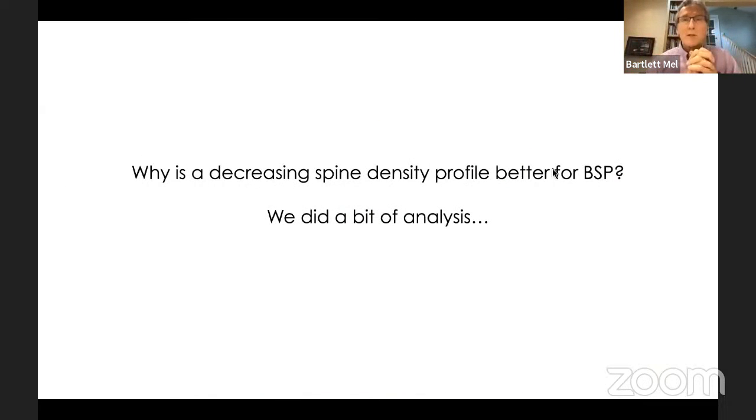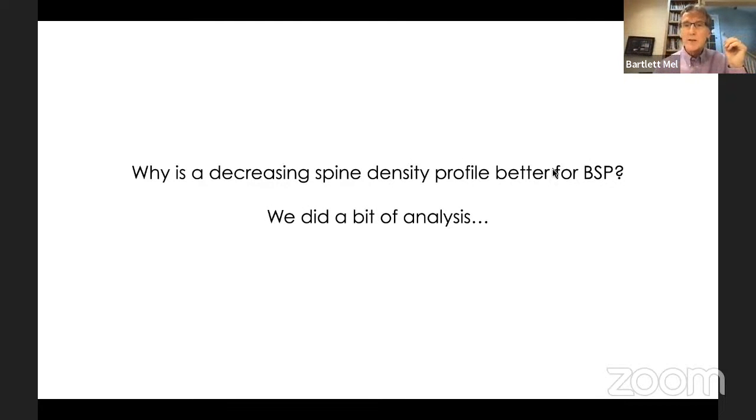So that's our first message: at first glance, a decreasing spine density distribution is way better for this task of sort of binary signaling, yes, no, from an individual dendrite to the neuron, which has many dendrites.